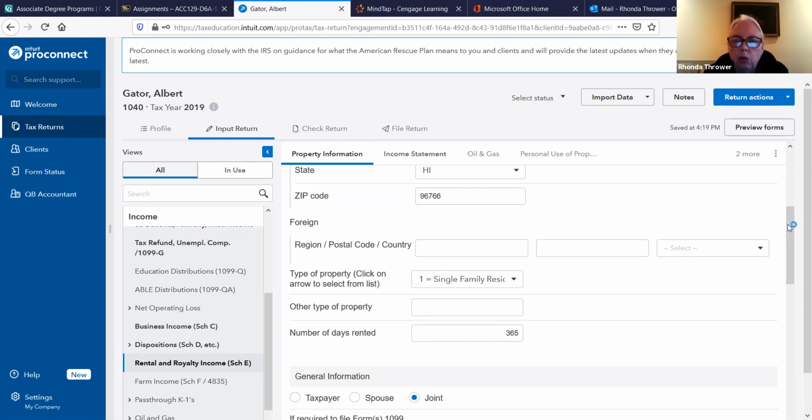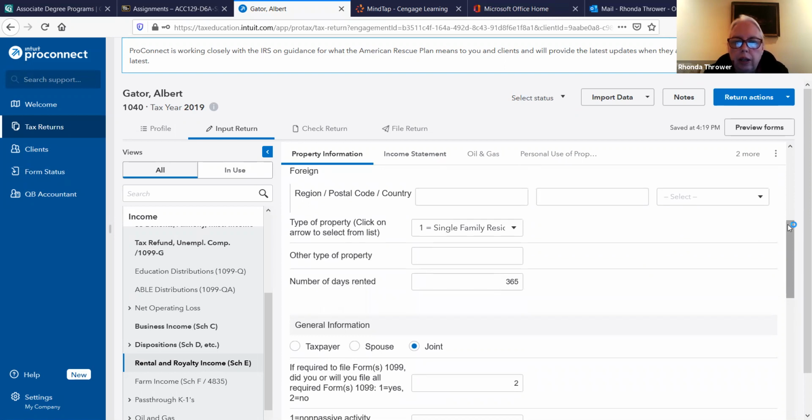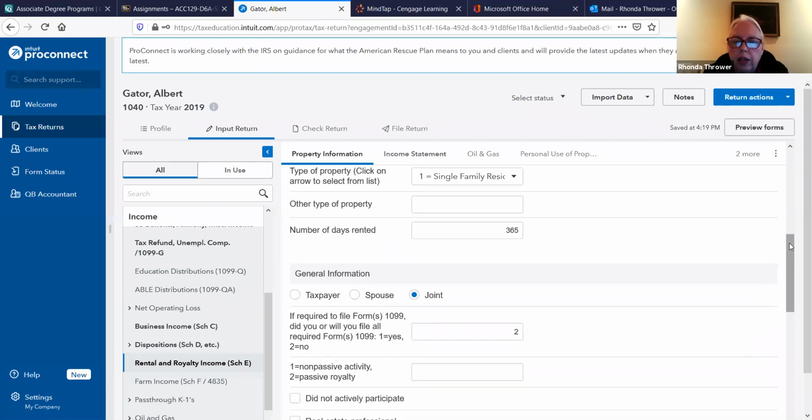So you're entering basic information about your rental in this section, and you go on and read some more for this. The type of property is going to be a single family residence that we're renting. It's not a vacation property, so make sure you put a 1 right there. They'll give you a list to click down to choose from, and this is a single family residence.